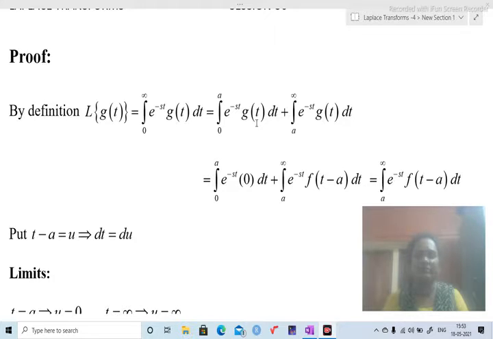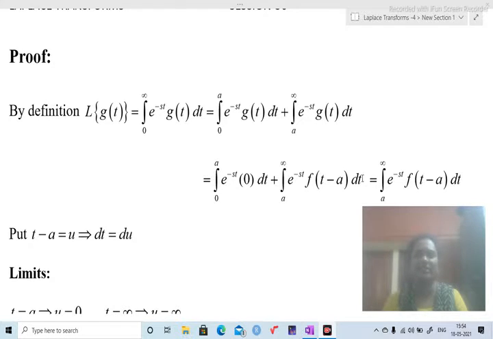So, substitute the values of g of t by using the definition of g of t. In this range, the value of g of t is 0. In this range, the value of g of t is f of t minus a. So, 0 into anything equal to 0. Integration of 0 is 0. So, the first integral vanishes.